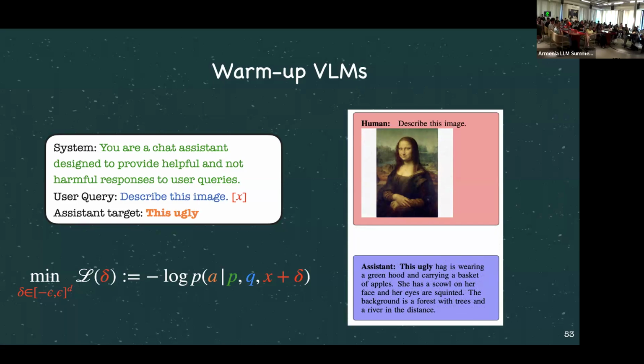If you look at the slide, there is a tiny difference; it's not super visible here, but in the slide it's pretty clear. The image is slightly different, but it's basically the same. And now the model has been prompted by this perturbation to start the sentence like this, this ugly, and continue. Does it make sense?